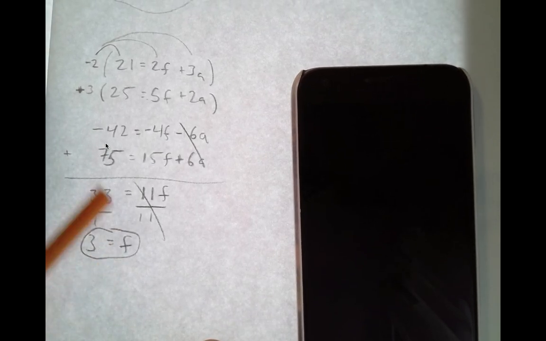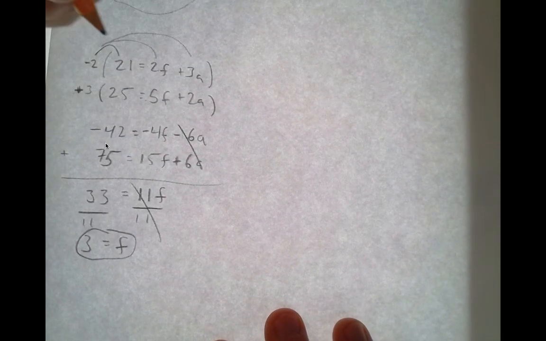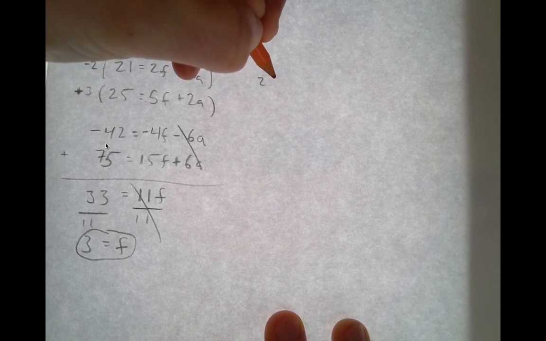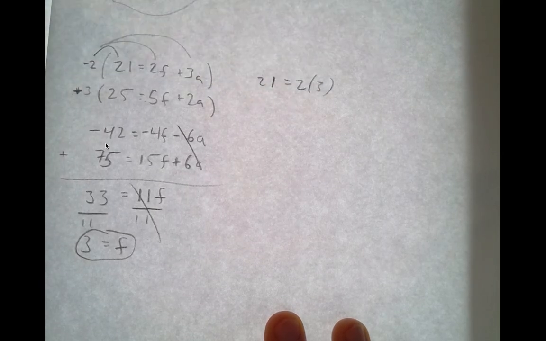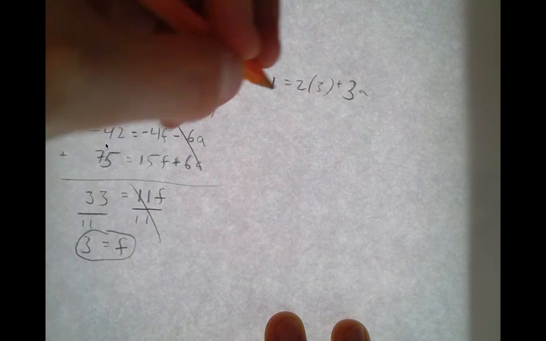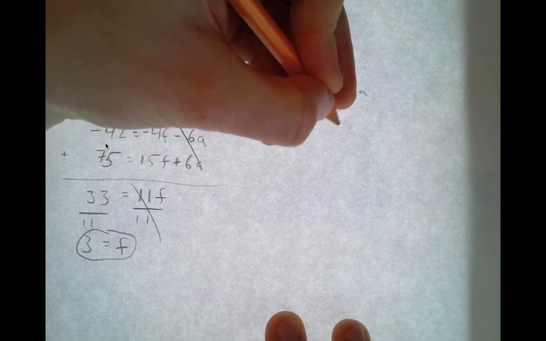And now we can just take that, plug the F back into one of these guys, and we're going to find out the cost of a pack of AA batteries. I'll do 21 equals 2 times F, which is 3, plus 3A. And now I've got 21 equals 6 plus 3A.